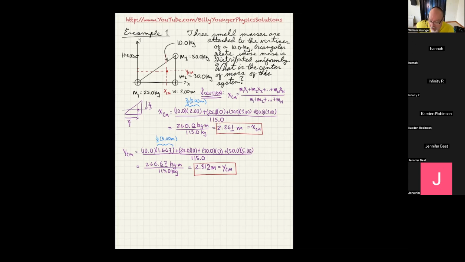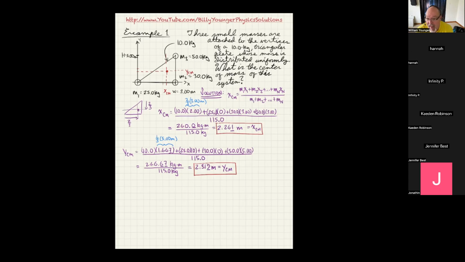But it also happens that if I took that configuration, those 3 balls attached to that triangle, and tossed it, it would probably spin and fly off. What would happen in such a situation is the center of mass would move in a nice parabolic trajectory, just like what we calculated in chapter 3 when we learned about projectile motion.